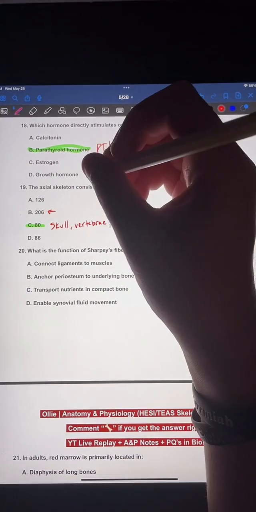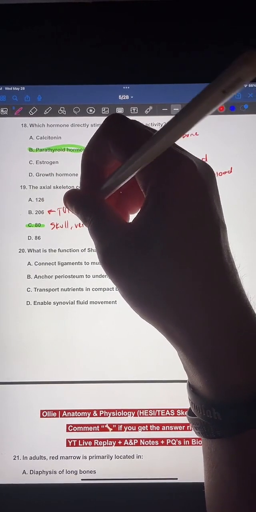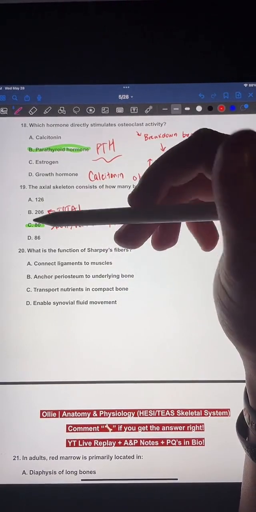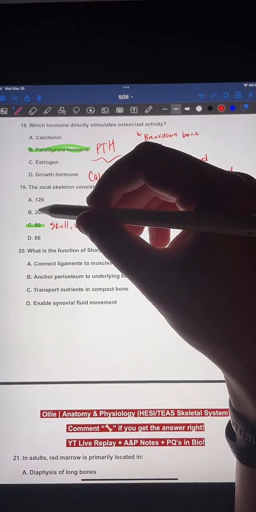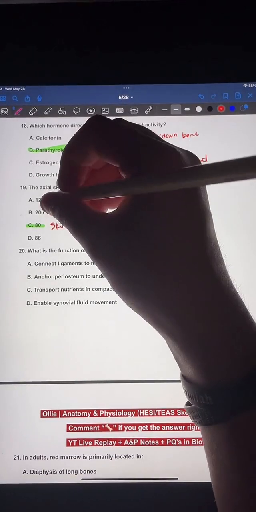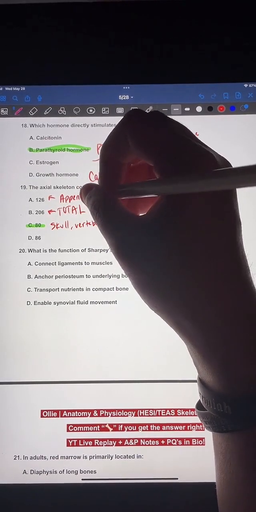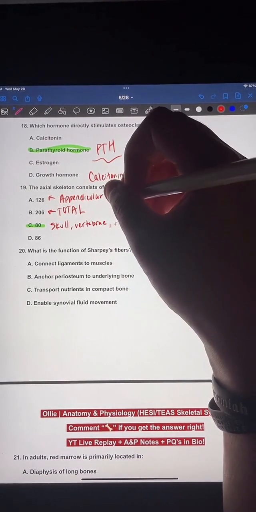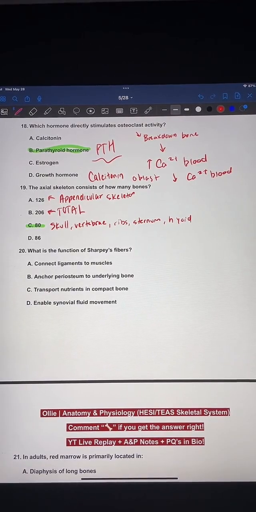The total number of bones in an adult skeleton is 206. So this is the total number of bones. So how do we get from 80 to 206? We need another 126, and those 126 come from the appendicular skeleton. And 86 is just not relevant. So again, we have 126 for the appendicular, 206 is the total, and 80 is for our axial skeleton.